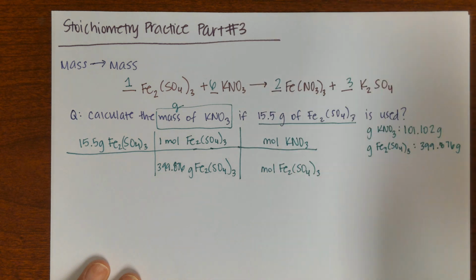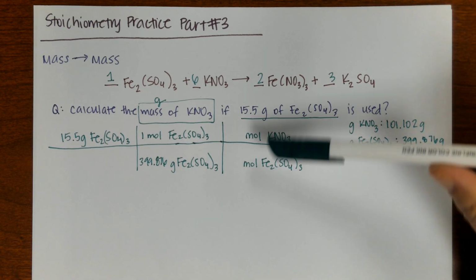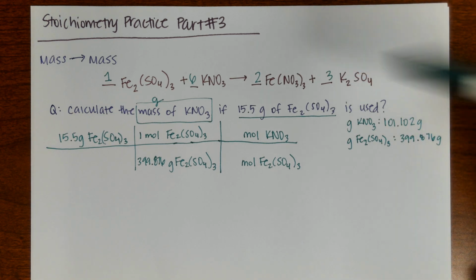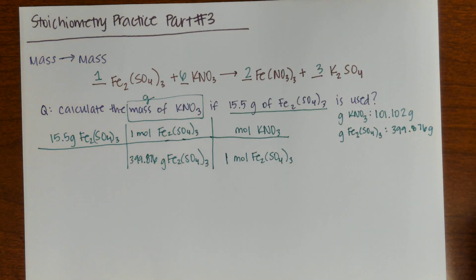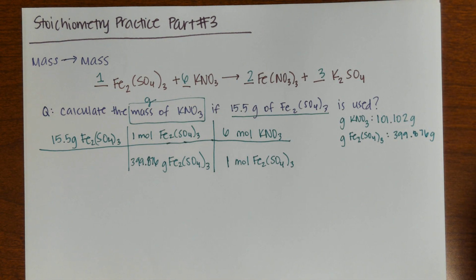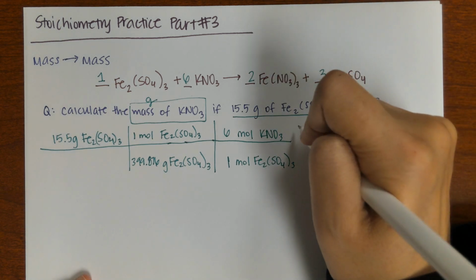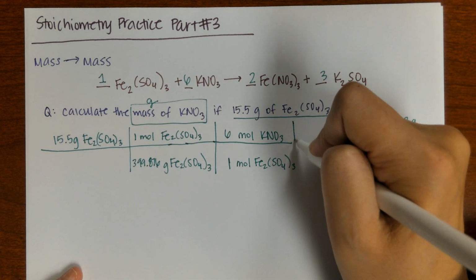So mole KNO3. Then mole over mole, always look at the coefficients from the chemical equation. So I have 1 of iron 3 sulfate and 6 of potassium nitrate.